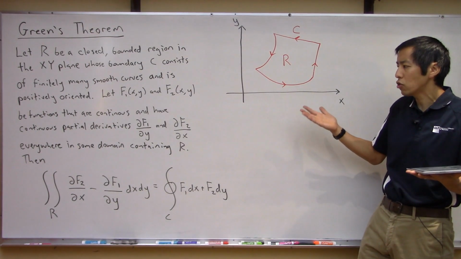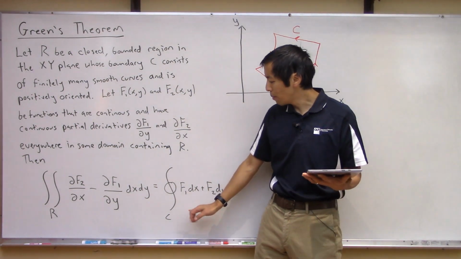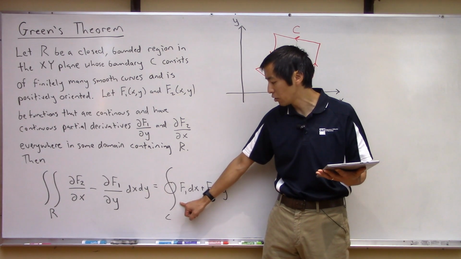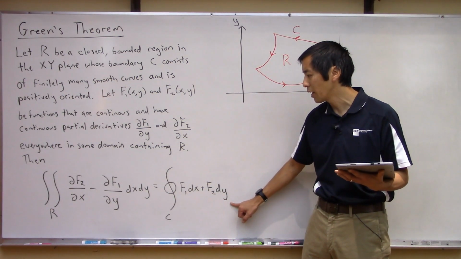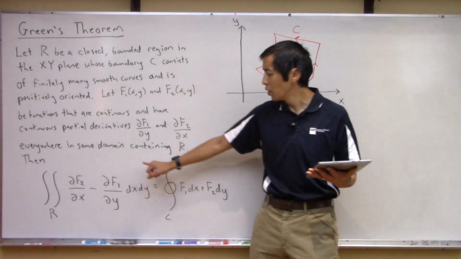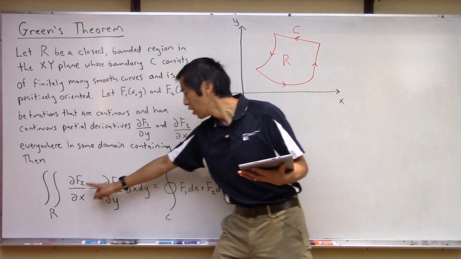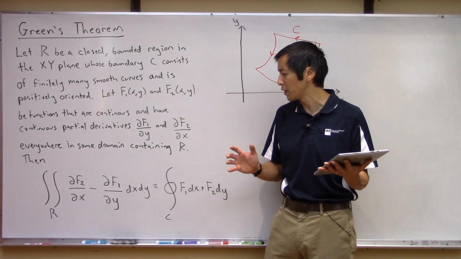Now, if that is true, then what Green's theorem states is that you can basically look at a closed curved line integral here of the quantity f1 dx plus f2 dy, and that is equal to an equivalent double integral over that region R of this sort of weird mixed quantity of the partial derivatives, okay?